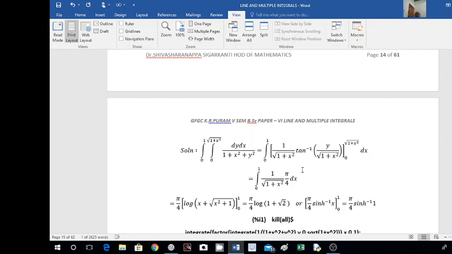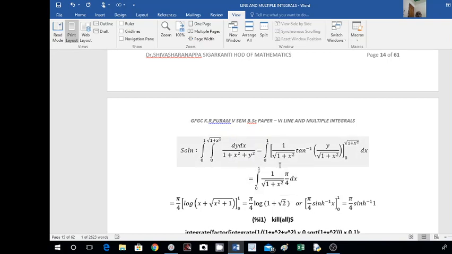Here, first we are integrating with respect to y. I will write this 1 plus x square as root of 1 plus x square whole square. This is in the form of a square plus y square. Integration of a square plus y square is 1 by a into tan inverse of y by a.